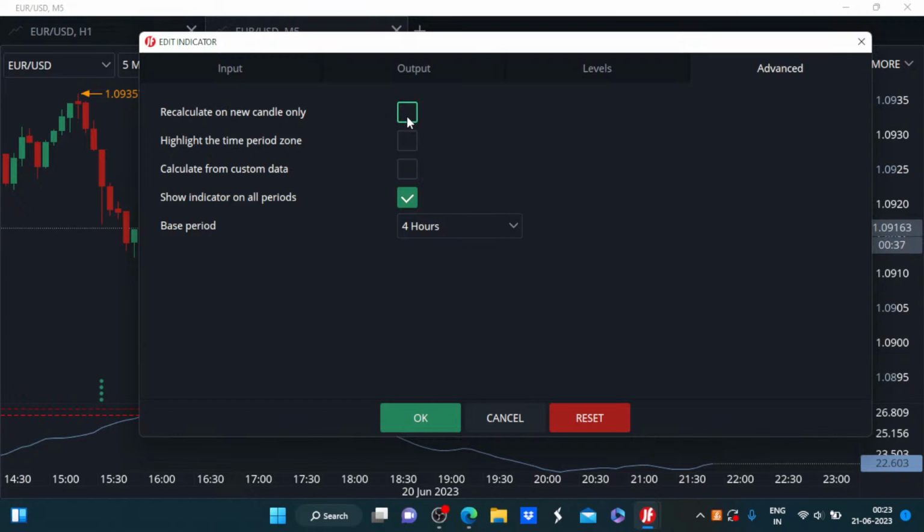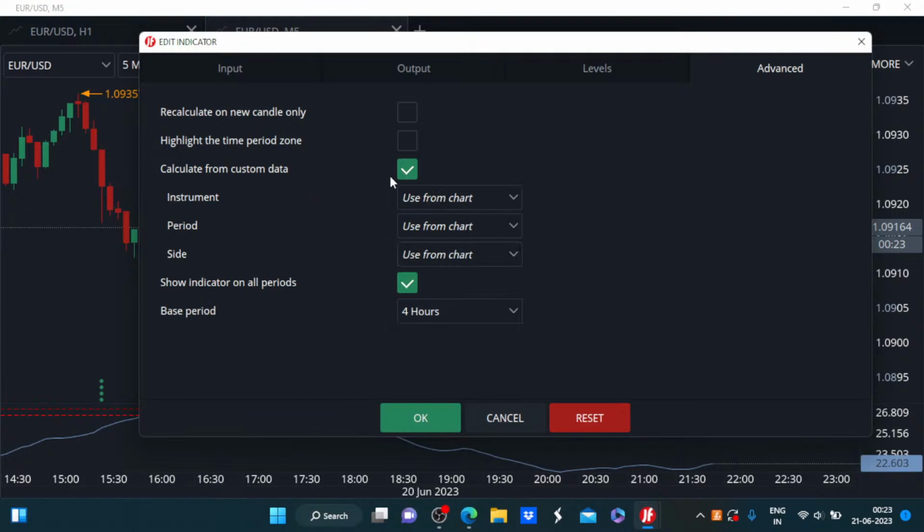So the output will get locked in at the levels of the opening price for the current candle. Your calculation period will be highlighted if you go for this. You can further customize the calculation with these options where you can customize the instrument, candle grade and the spread size independently of the chart. Show indicator on all the grades.